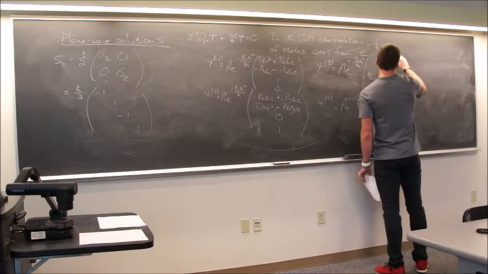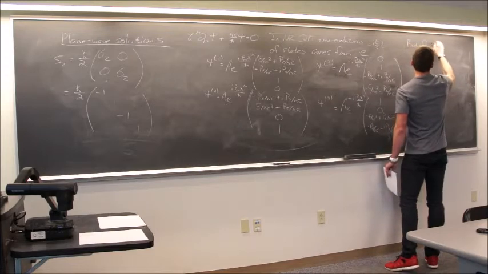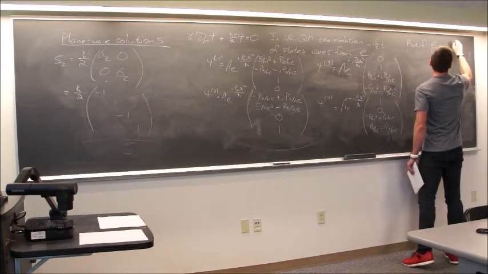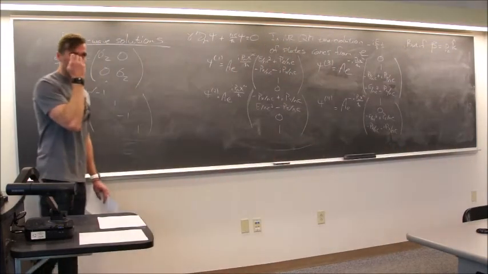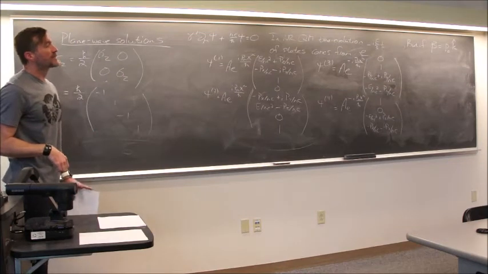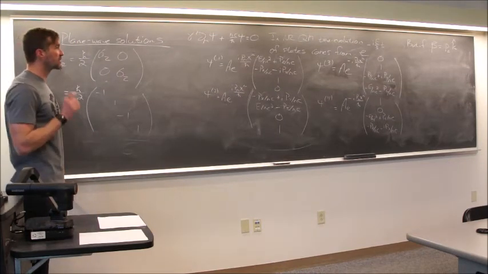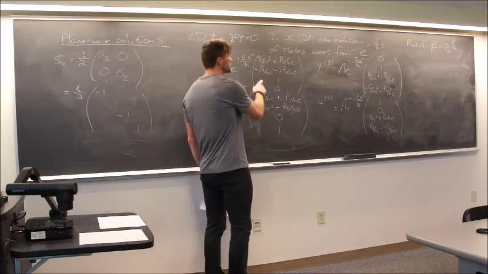Consider taking our z-axis to be along the direction of the momentum. So if we say that our momentum only has a z component, there is no x and y component, so this particle is only moving in the z direction, then look at what happens.